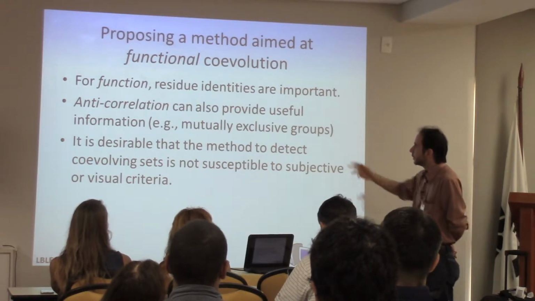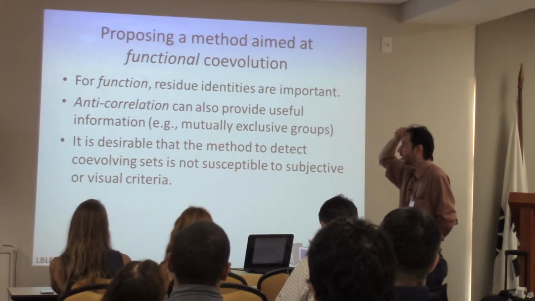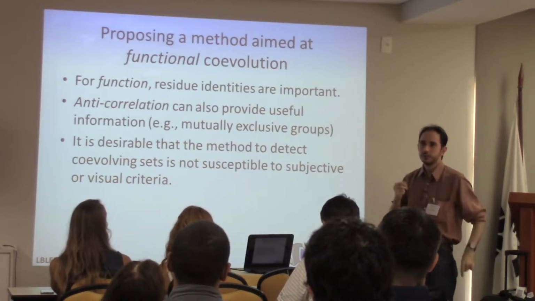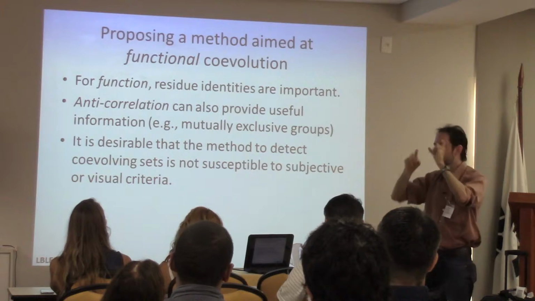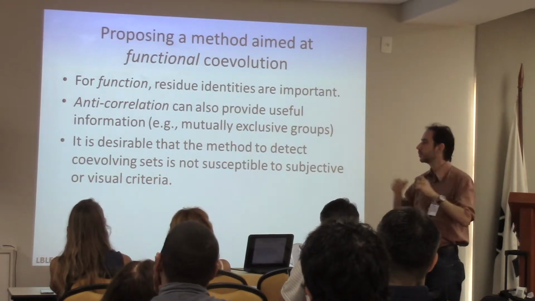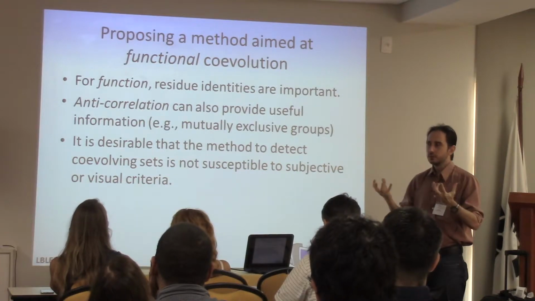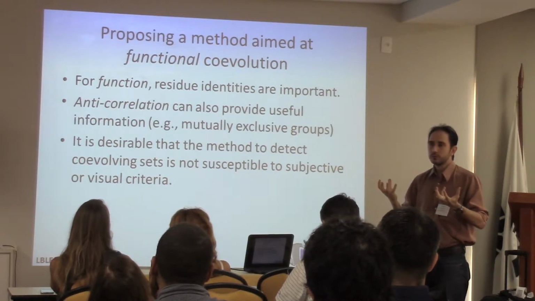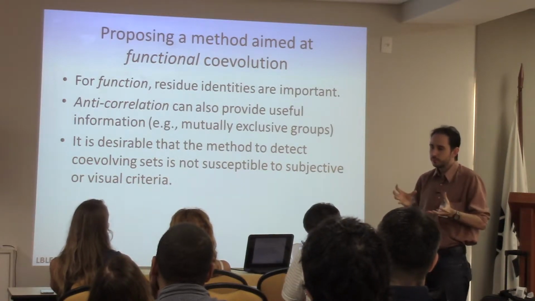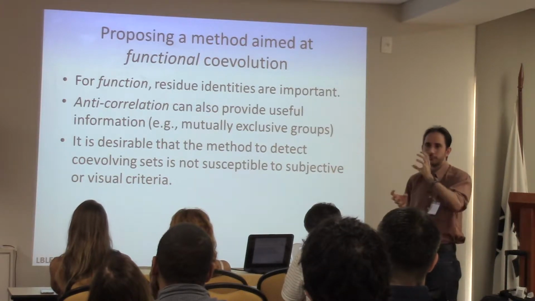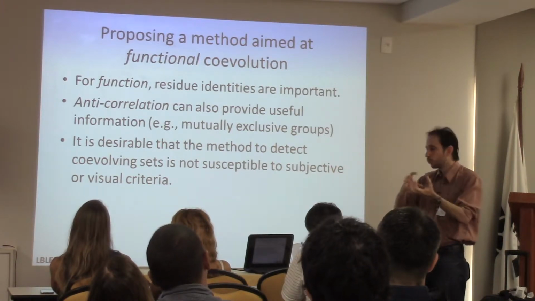Also, there are cases in which anti-correlation can provide useful information. Sometimes when having this residue means that you don't have this other one in the other position, it's something that can be useful for us, for example when we have classes which are mutually exclusive.